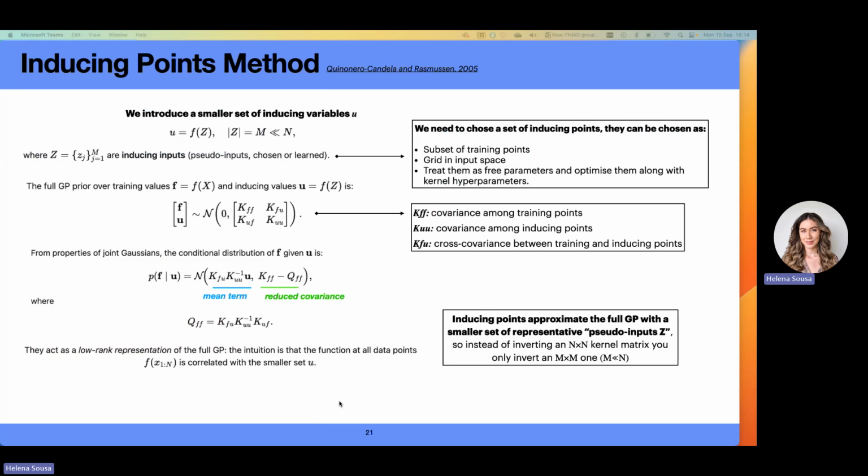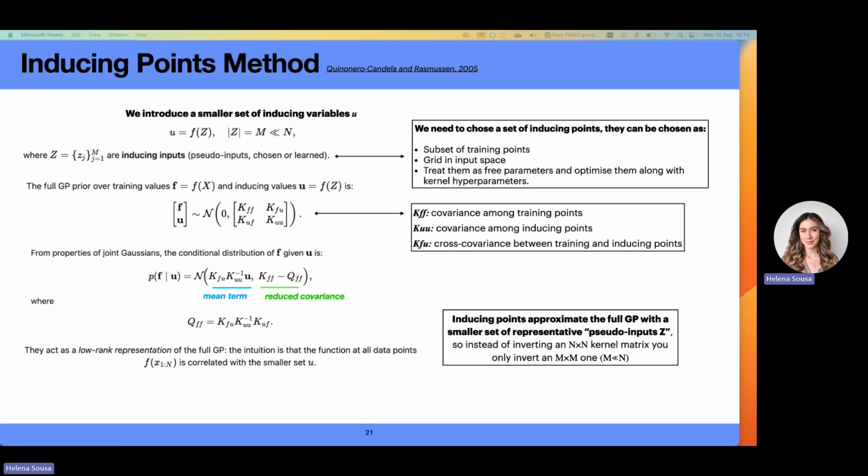So I'll start just by talking about these inducing points methods and estimating this GP posterior using these instead of our full data set. As I've mentioned before, these inducing points are basically a small set of representative inputs.